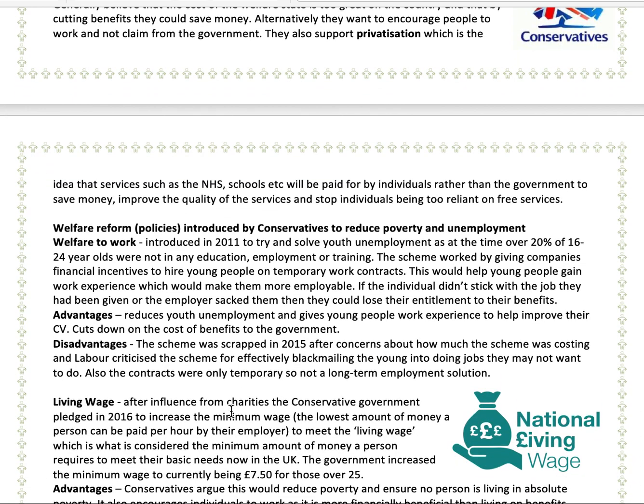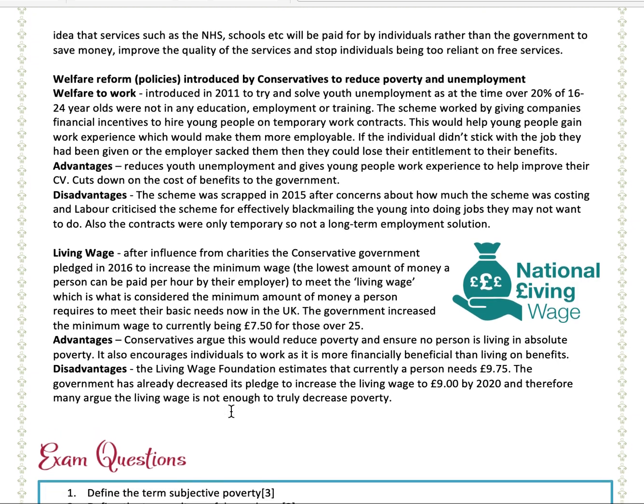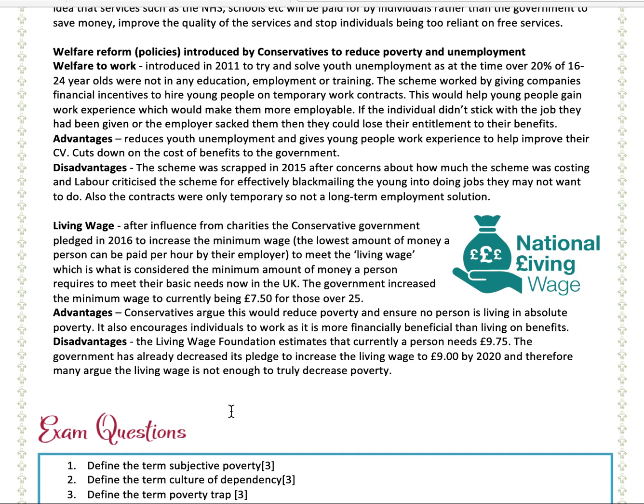Policies that they introduced to reduce poverty and unemployment, so welfare to work, so literally getting people from the welfare state system onto the career ladder, out of claiming unemployment benefits and into a job.